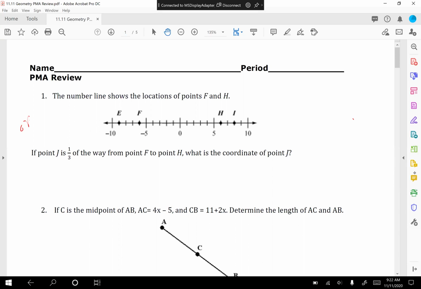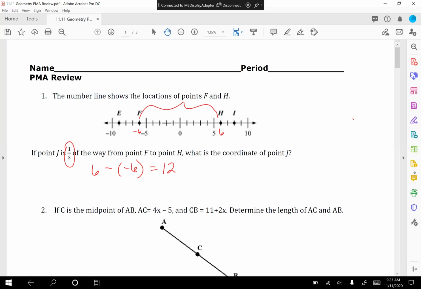Step 1, you've got to figure out how far the distance is from F to H. You just do the right point minus the left point. So H is at 6 and F is at -6. So we'll do 6 minus -6, which is 12.